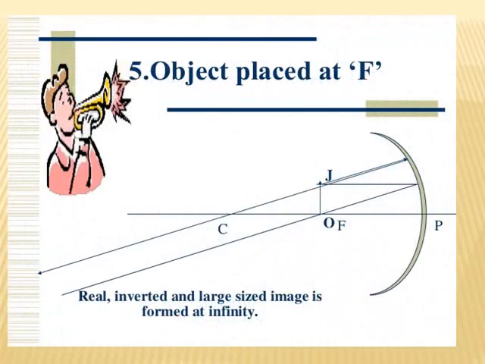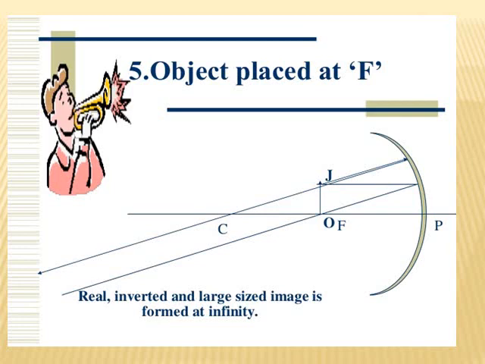This slide shows you the object which is placed at F. So at F itself the object is placed. So above F you draw just a line perpendicular to the principal axis and that will be the object. So you have to draw the ray diagram.